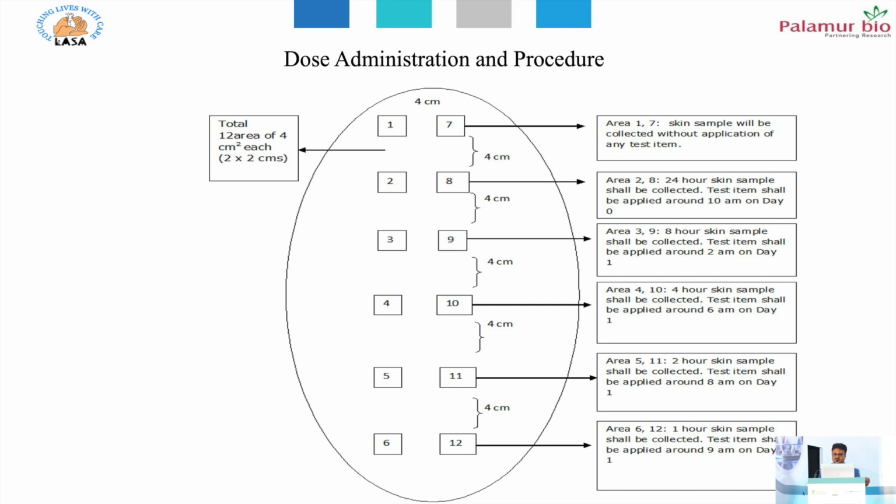Areas 1 and 7 are the 0 time point. So here you can see that on day 0, the 24-hour application will be at 10 a.m. And a 2-hour sample will be on day 1. So that is how it is being done.